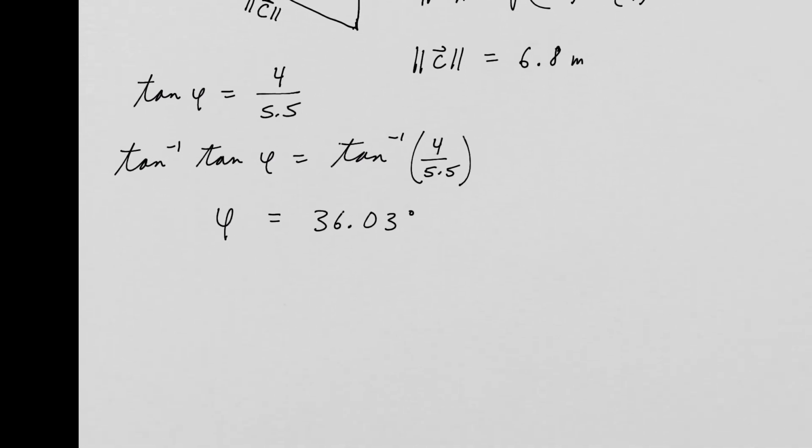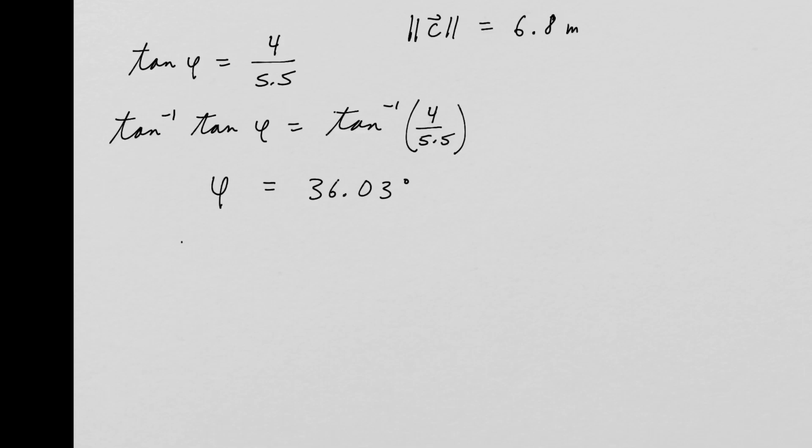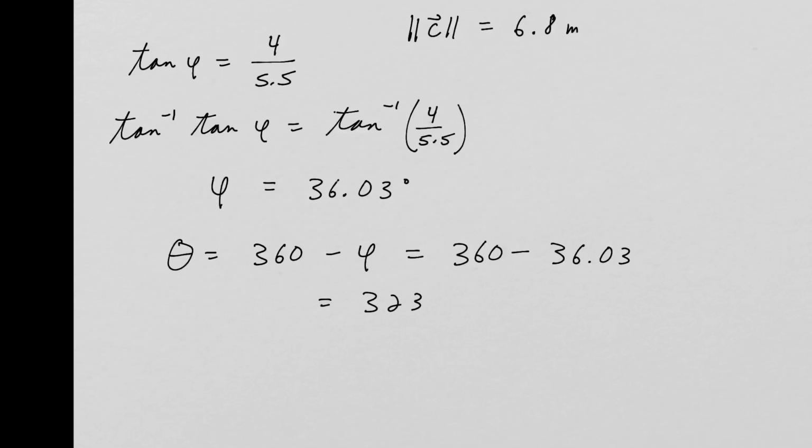So theta, the one I really want, is 360 minus 36.03, and that is equal to 323.97 degrees.